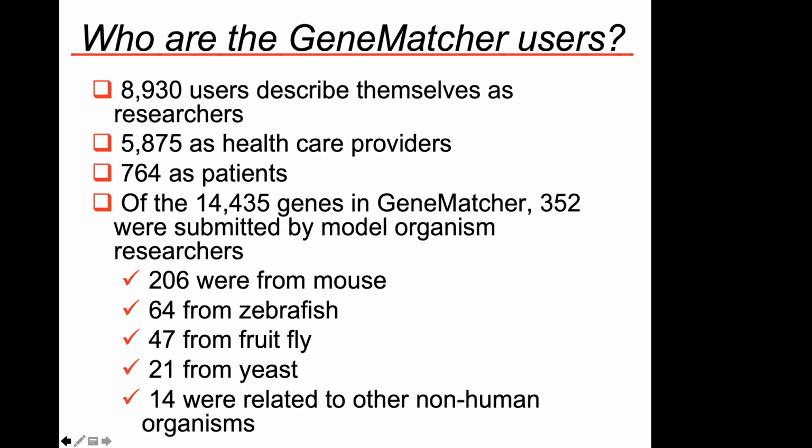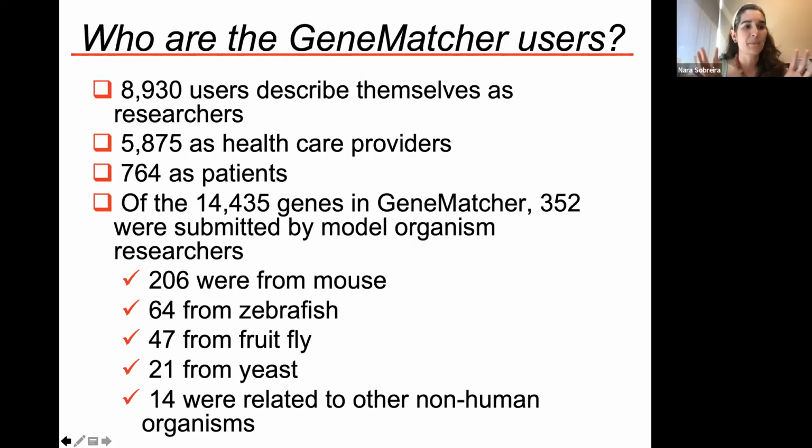So on the Matchmaker Exchange API that connects these nodes, when one node sends the information to the other node, the receiving node doesn't store that information. So that's a one-time search. And this is why we created that tool in GeneMatcher that says repeat it monthly.